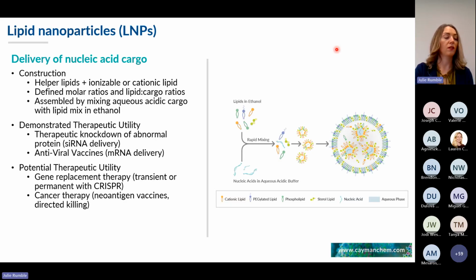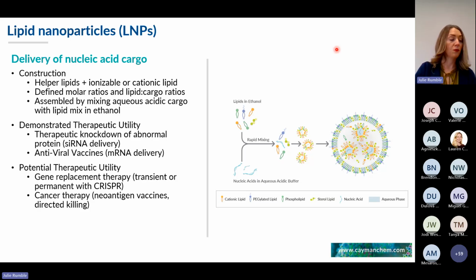So first off, what is a lipid nanoparticle? Lipid nanoparticles, or LNPs, are composed of a mixture of several types of helper lipids and an ionizable or cationic lipid, carefully designed to facilitate the delivery of nucleic acid cargo into cells. The properties and formations of these particles are determined by the precise defined molar ratios of lipids to each other, as well as to the nucleic acid payload.